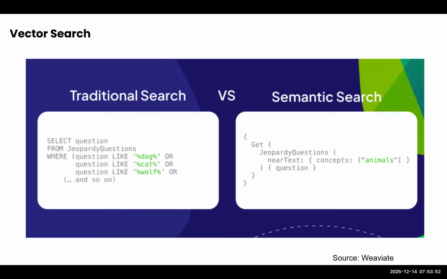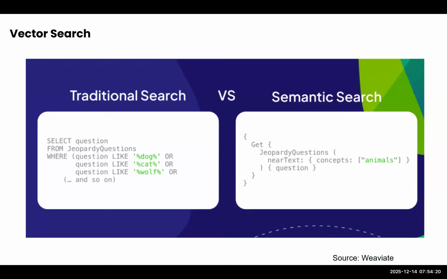Can't we just store this in a database and search for it? So the main difference is that semantic search stores the embeddings, which preserve the context, the meaning of the entirety of the sentence. And it can give you relevant or similar results rather than exact ones.